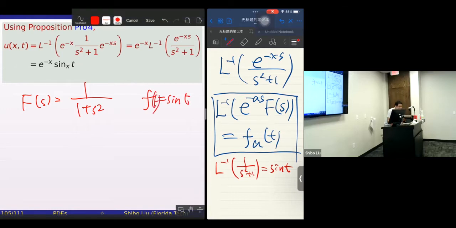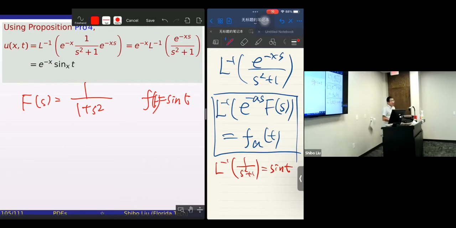Applying this property, this function is the exponential of minus as times capital F, where a is x. Applying the Laplace inverse transform, it will be small f_a(t). Small f is sine t, therefore sine_x(t) in our notation.